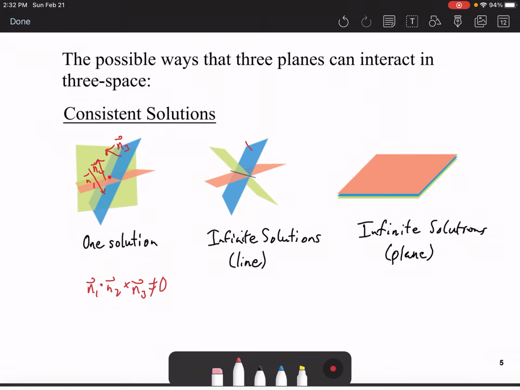Whereas if you take normals 1, 2, and 3 in our second instance, they can all actually lie in the same plane. Moreover, in our last instance, all the normals actually turn out to be collinear with each other.